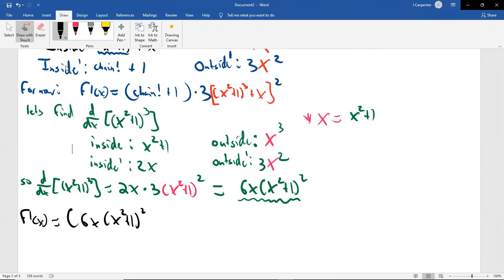So we have our parentheses, the thing we got from chaining, which was all this green, but then there's the plus 1 that was after that. This plus 1 is this plus 1 right here. Then we're going to close that parentheses. You could have made this outer parentheses a bracket now if you wanted to. That would have been perfectly fine. Then the times 3 bracket parentheses x squared plus 1 cubed, then a plus x, and then all squared.